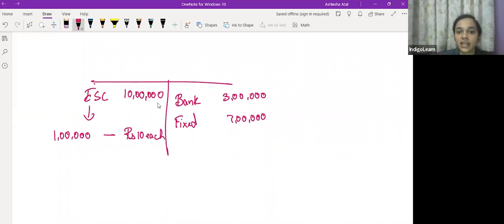Now the company realizes that its work can easily run on less money. Say the company says, even if we had 7 lakh rupees, that amount would have been sufficient. We do not need this extra amount. This money is in excess with us.